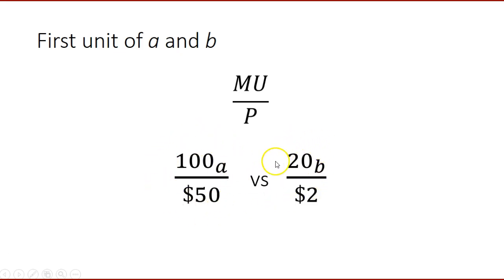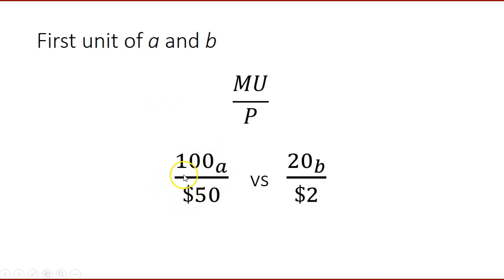Whereas on the other hand, for the Mars bar, you get 20 units of happiness, less than the concert, but it only costs you $2 to get the 20 units of happiness. In effect, from this Mars bar, you're getting 10 units of happiness per dollar.